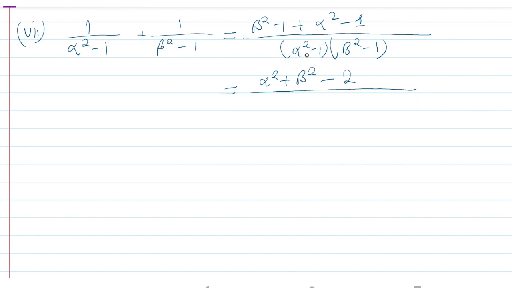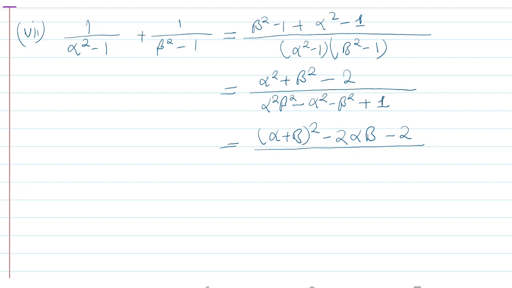Now in the denominator, you could apply the difference of two squares, which would not work because you have alpha minus 1 and alpha plus 1. Instead, we are going to expand. We know what alpha squared plus beta squared is, which is alpha plus beta squared minus 2 alpha beta, but we have minus 2 again.